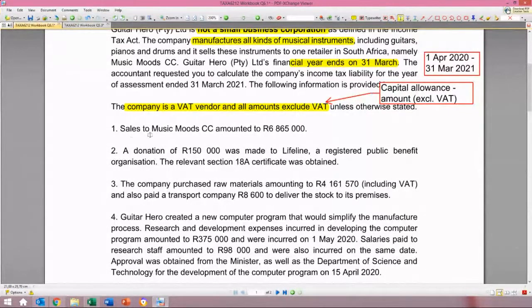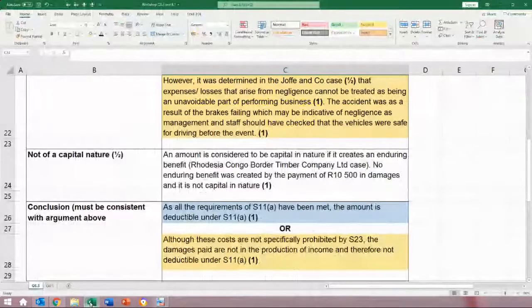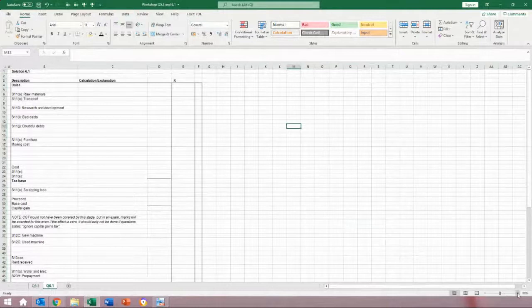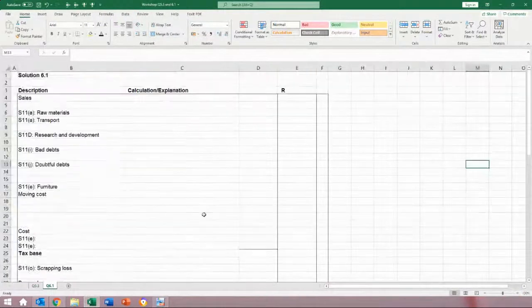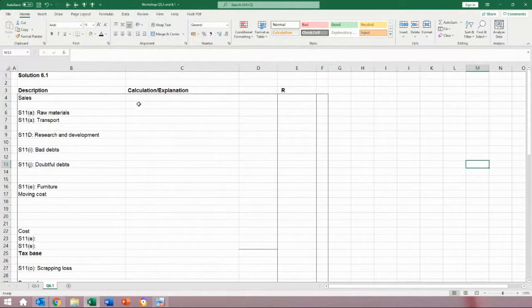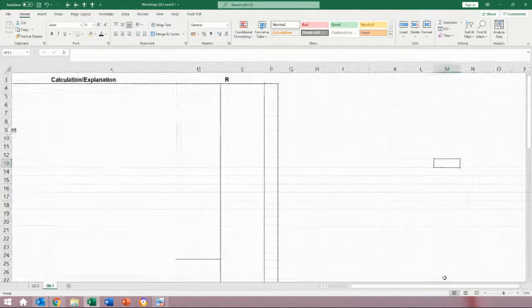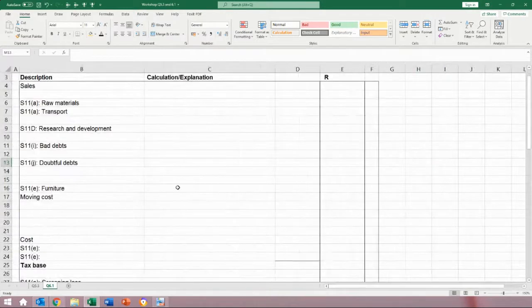Okay, so the first thing they tell you is we have sales to Mood CC for 6.865 million. So that information, I would automatically just make this a bit bigger. Okay, I've already included the descriptions, but you would write them down as you go and do your calculation.